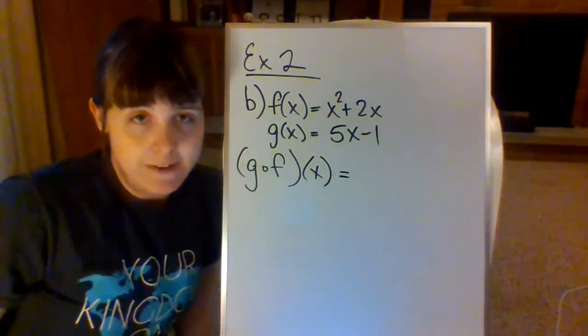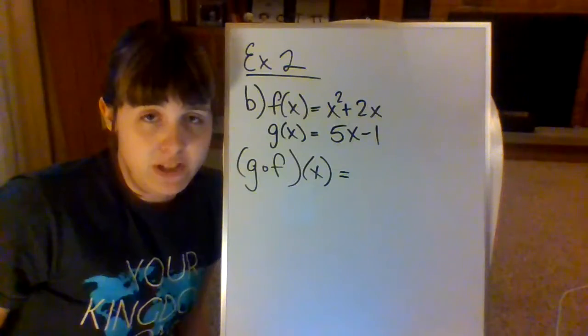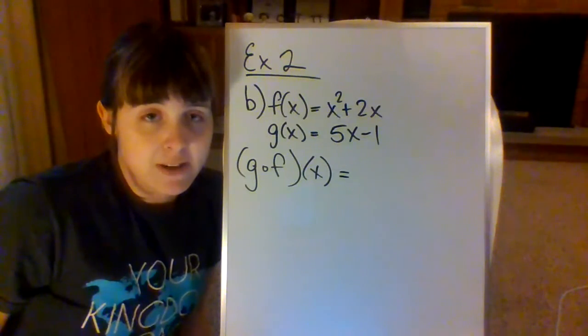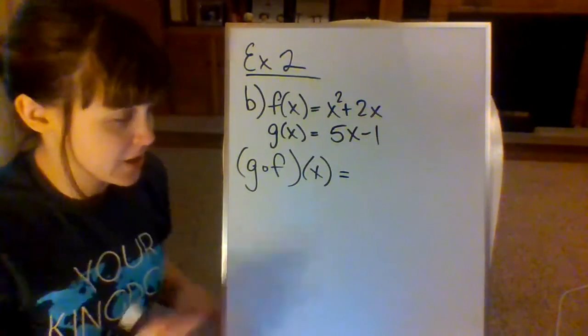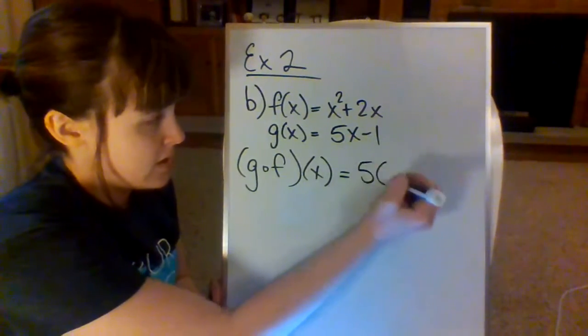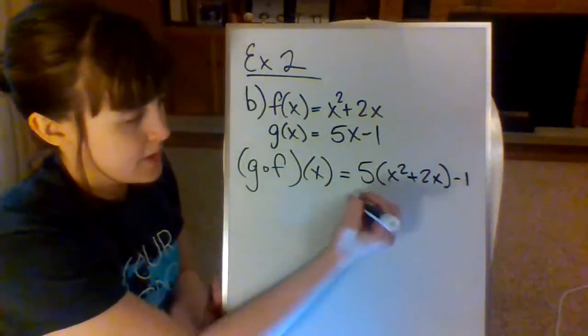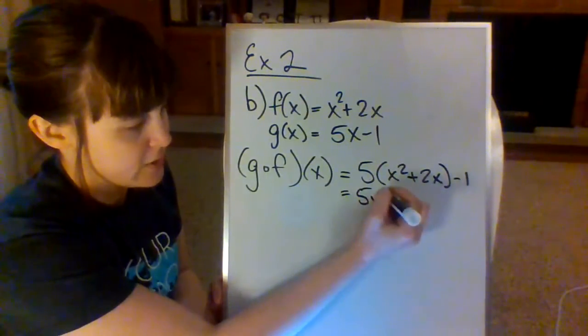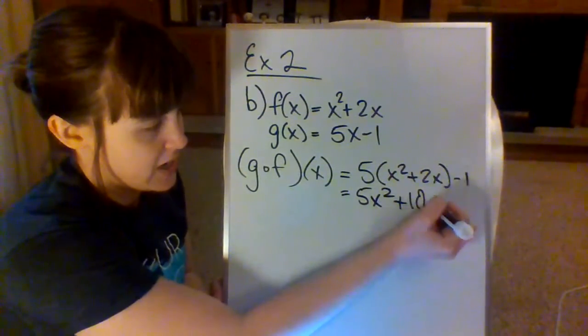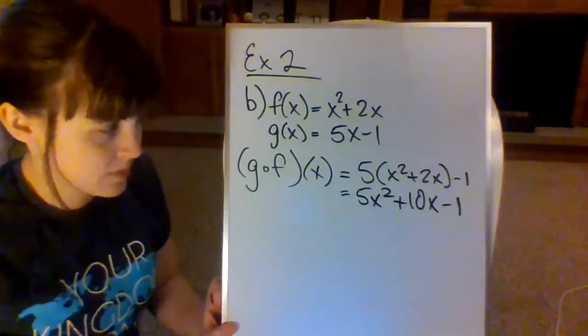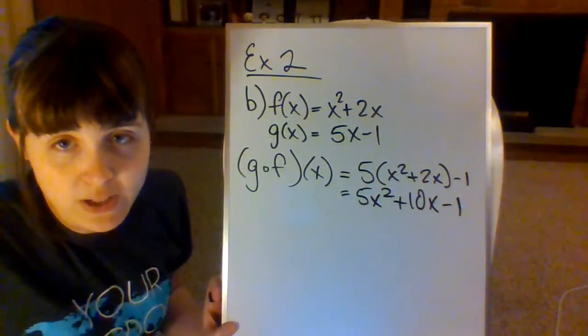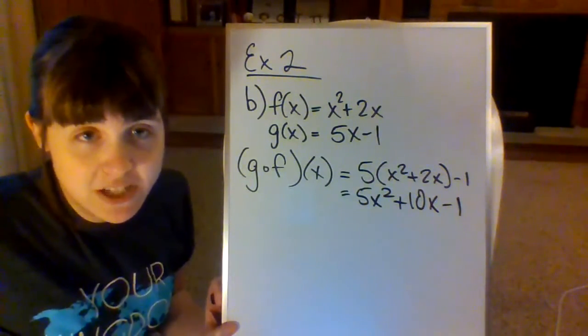We're going to take the f of x function, x squared plus 2x, and plug it in for x in the g of x function. So it's going to look something like this. That's going to be 5x squared plus 10x minus 1. None of those are like terms, so that means we're finished. That's it.